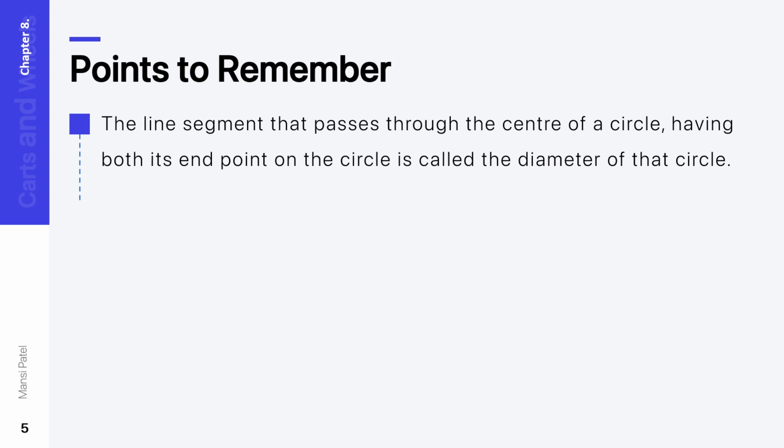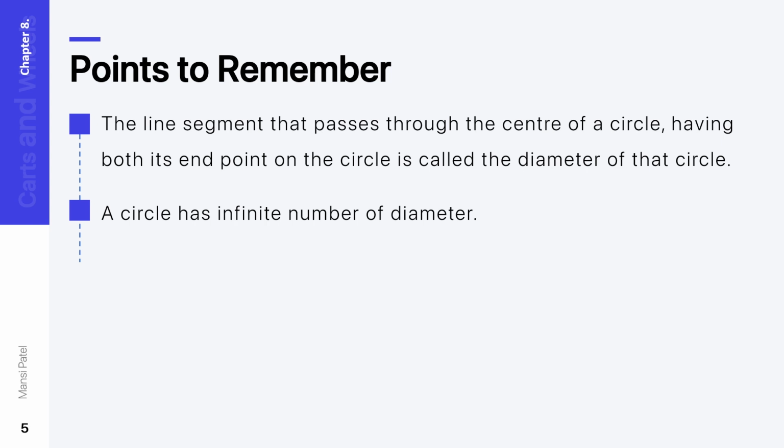If any line passes through the center, and the second condition is that both endpoints of that line segment are on the circle, then it is known as the diameter of that circle. Two conditions are necessary for the diameter. First, it should pass through the center, and the second is that the endpoints of that line segment should be on the circle.